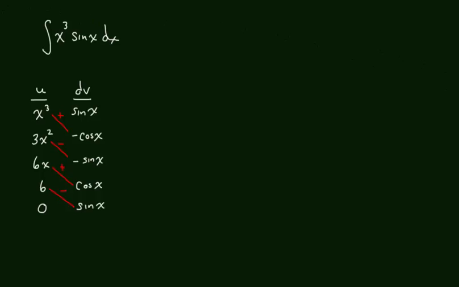So we're ready to write the answer, and it's going to be a negative x cubed cosine x, because I'm keeping the negative sign. Then I have a change the negative sign to be plus 3x squared sine x.